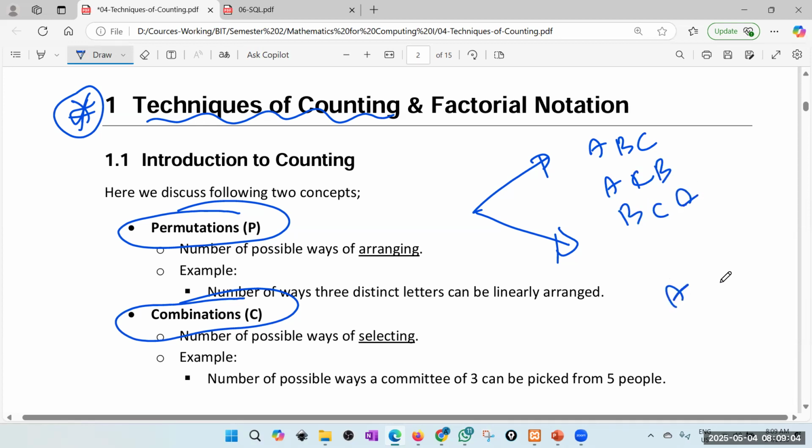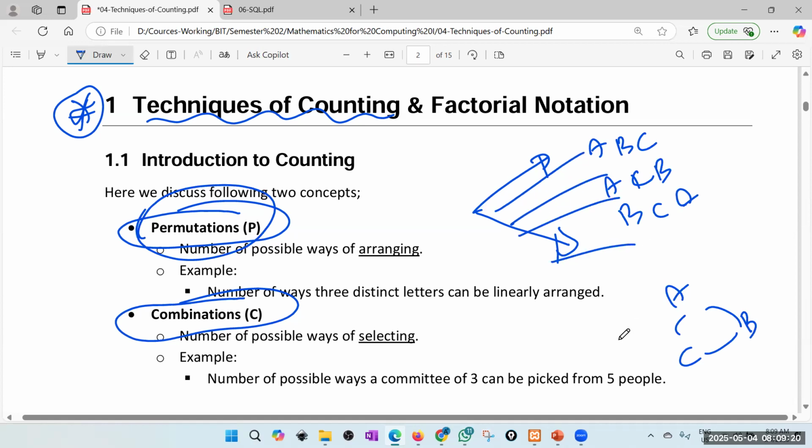Maybe I can arrange circularly like this. So permutation is all about arranging things linearly or circularly. Those are the two we look at in your syllabus: how many ways we can arrange linearly, how many ways we can arrange circularly.